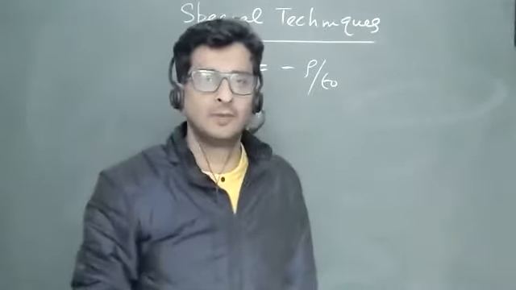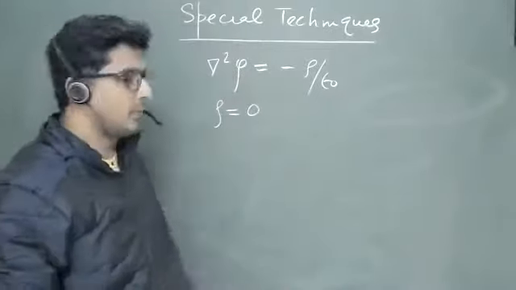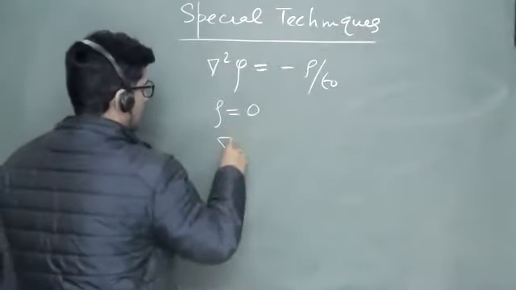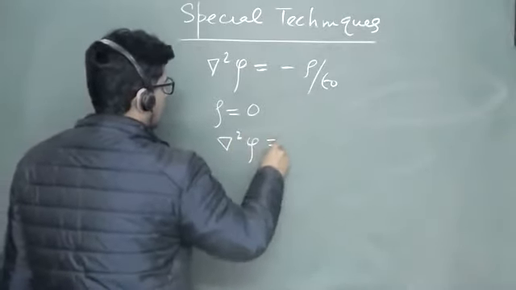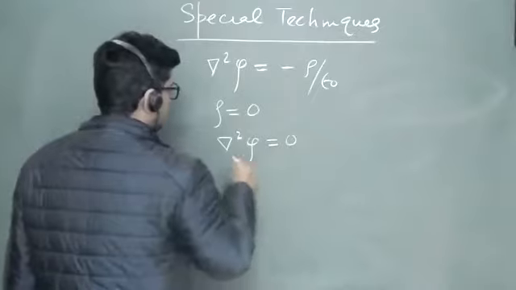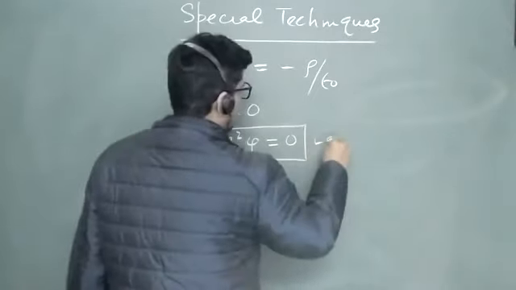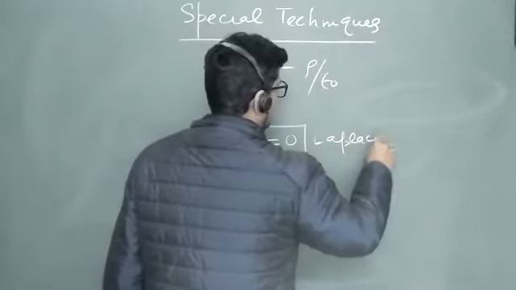What do you mean by this? कोई बता सकता है? अगर चार्ज नहीं है तो फिर पोटेंशियल का क्या होगा? And this will be del square phi is equal to 0. And this is the famous Laplace equation.